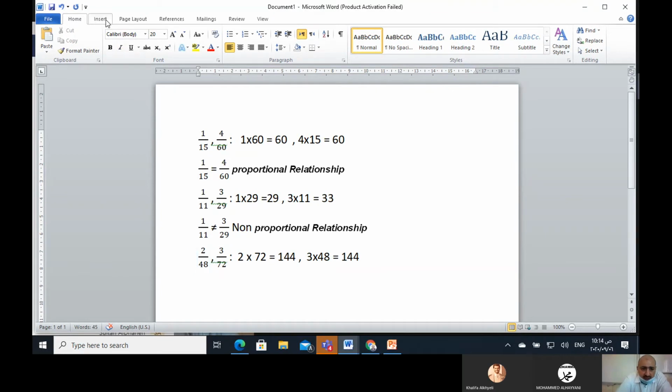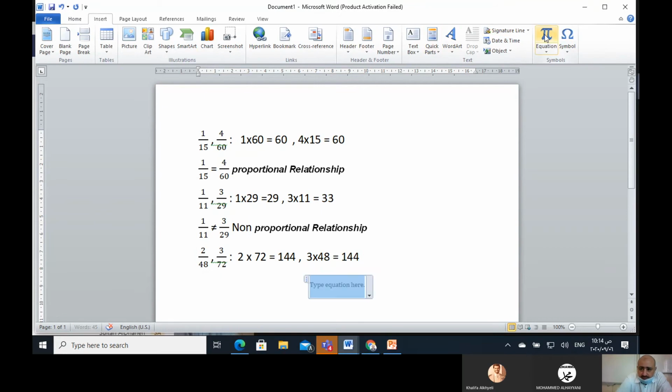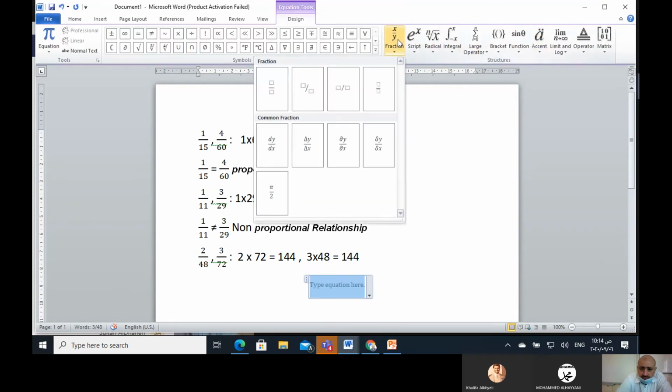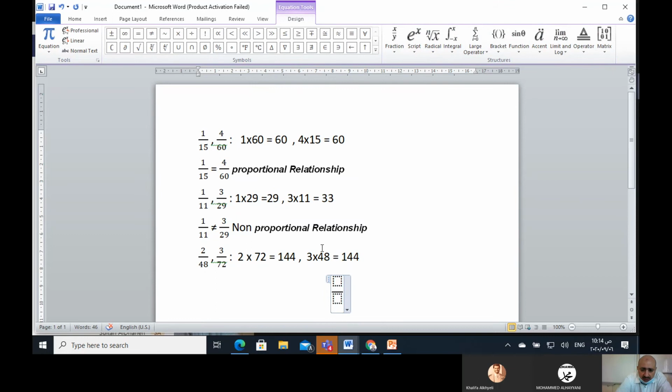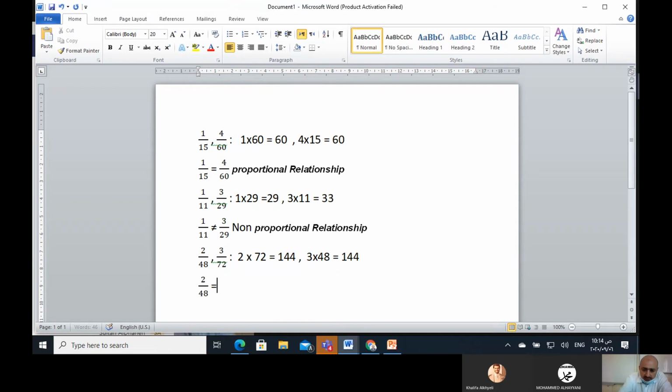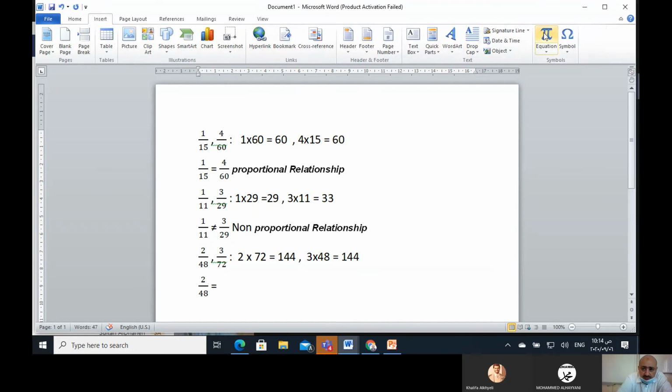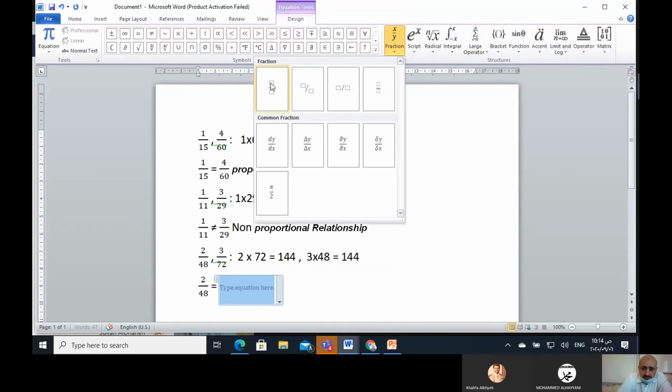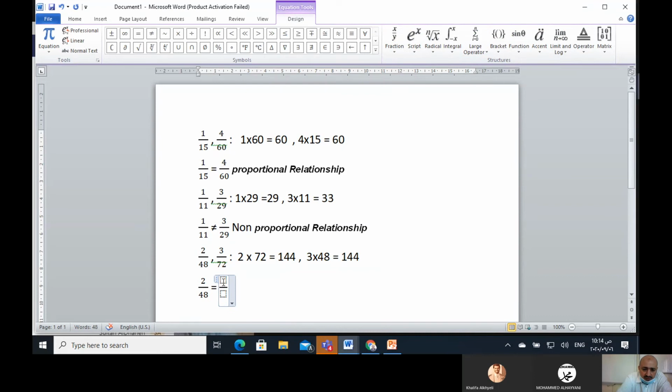So I can write now 2 over 48 is equal to 3 over 72.